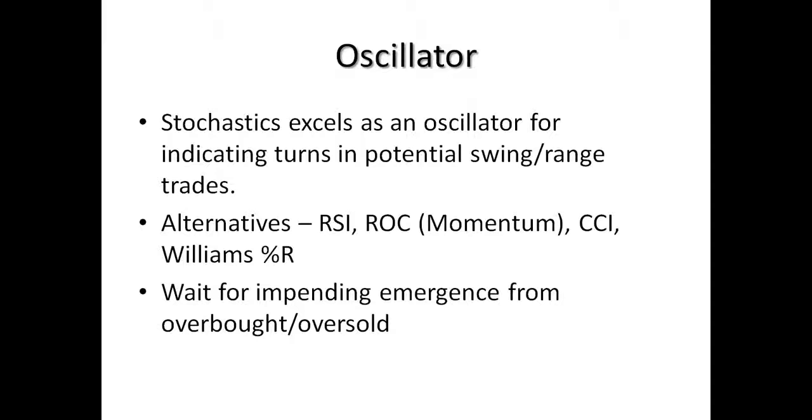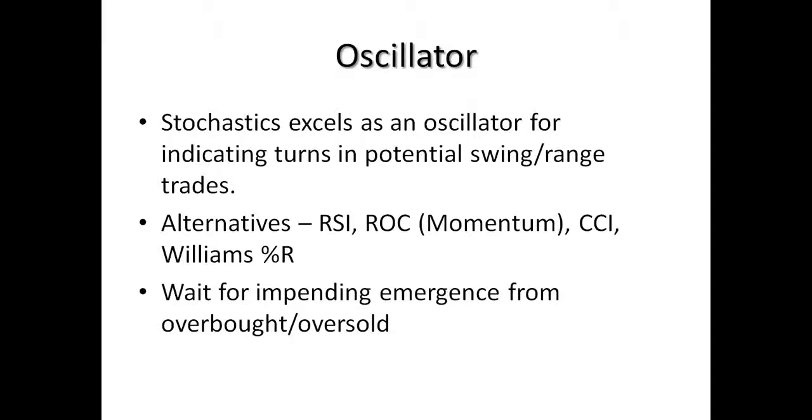How do I use the oscillator? The oscillator is another confirmation that I'm looking for: emergence from overbought or oversold. So let's say the oscillator's already in overbought. I'm looking for a turn down to cross below the 80 line, below overbought, and that's telling me that perhaps the momentum is going to the downside, and perhaps that turn that I just saw at resistance is actually taking place.